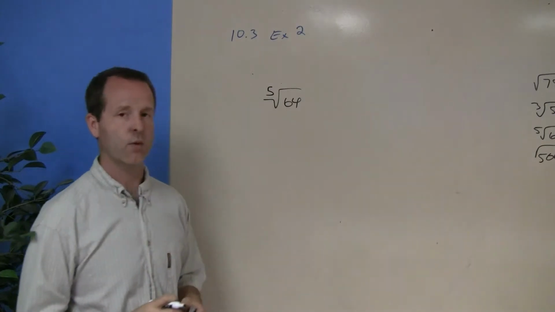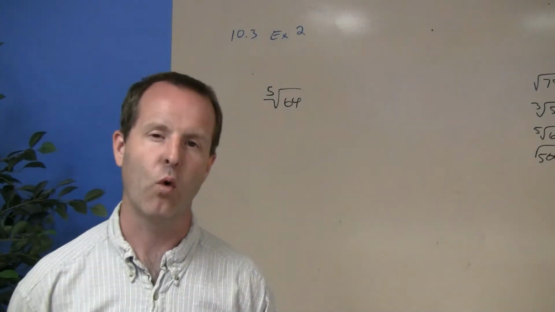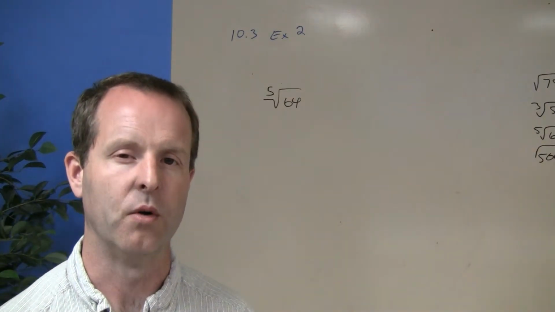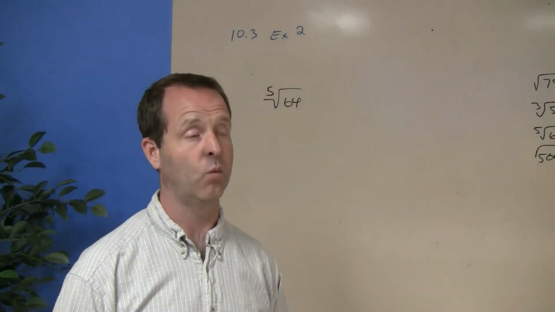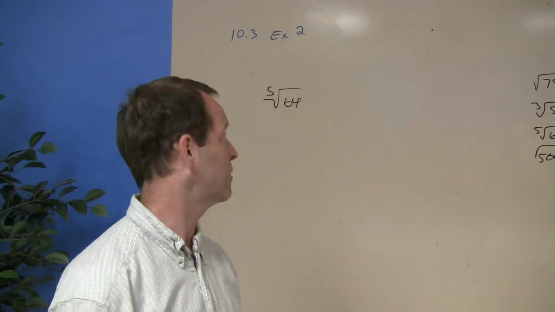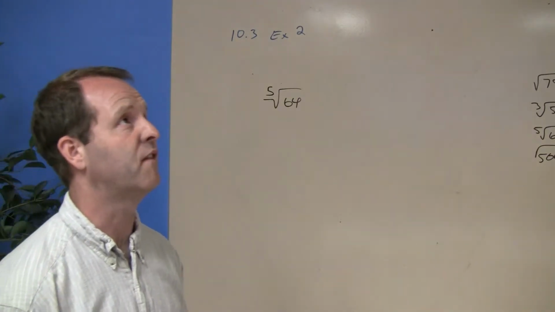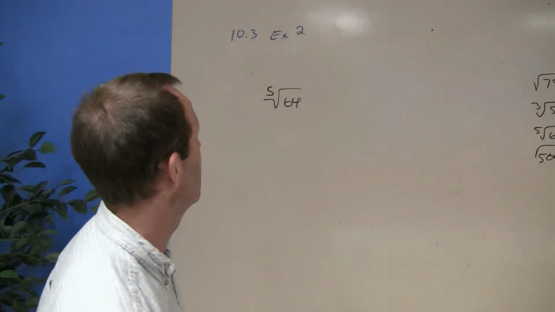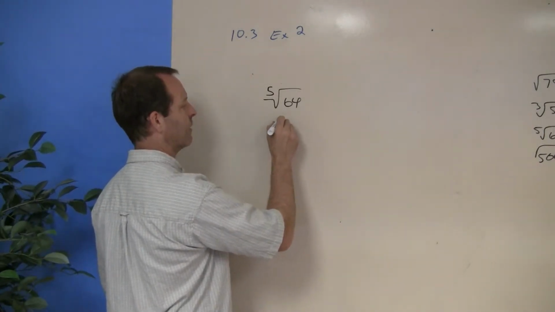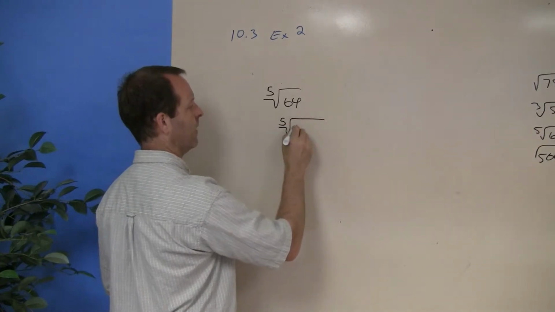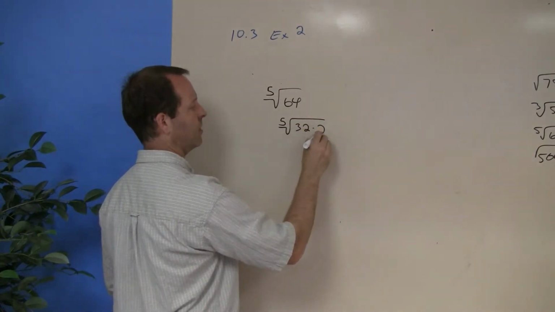Where are you going with this one now? The 5th root of 64. Got to think of 5th roots. See, 1 to the 5th is 1. 2 to the 5th is 32. 3 to the 5th is a big number. So fortunately, 32 is as far as I need to go. So I'm going to rewrite it as the 5th root of 32 times 2.